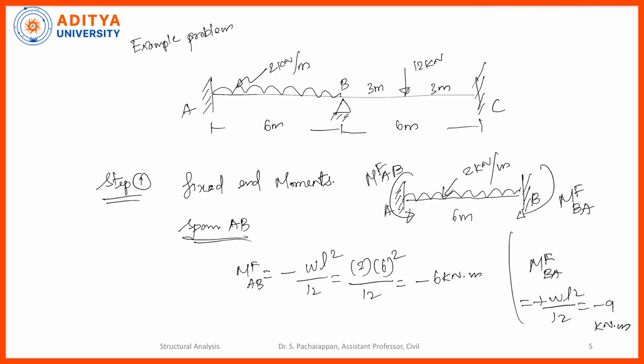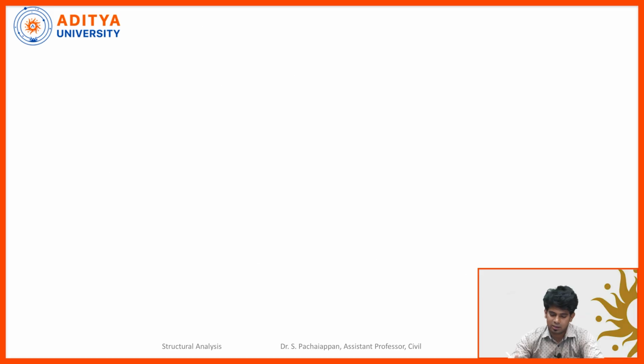After substituting, I will get plus 6 kilonewton meter. So we have just calculated the fixed end moments for span AB. Now calculate the fixed end moments for span BC.